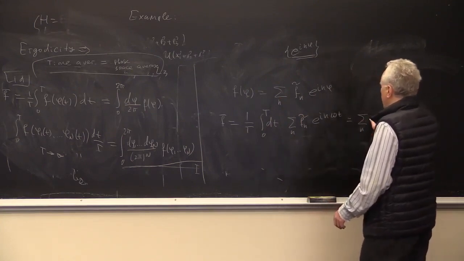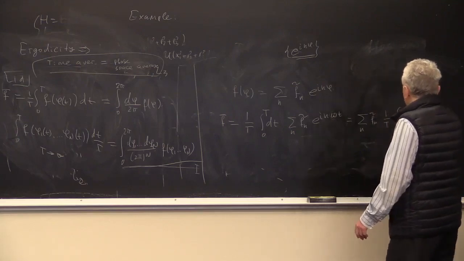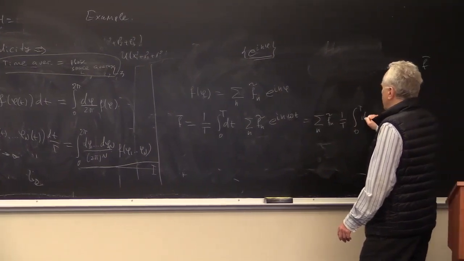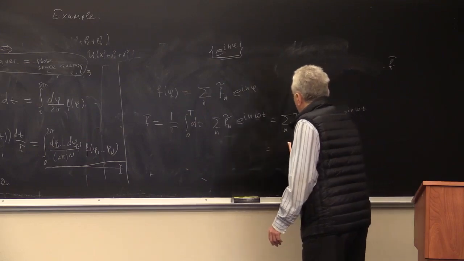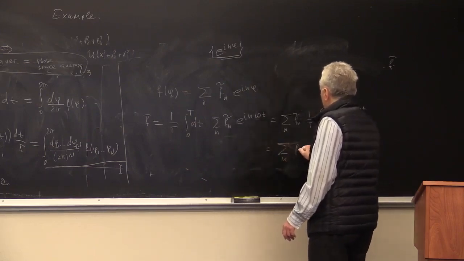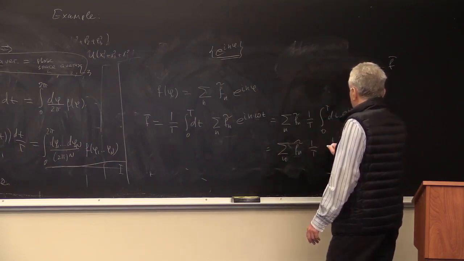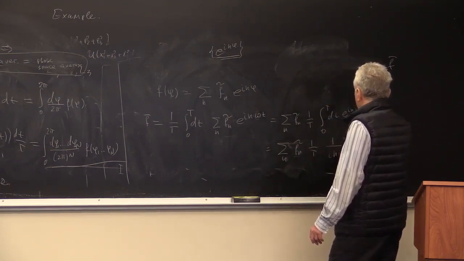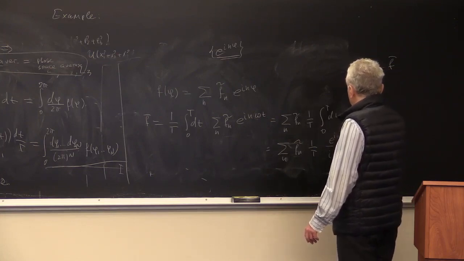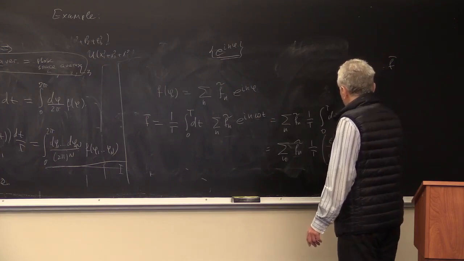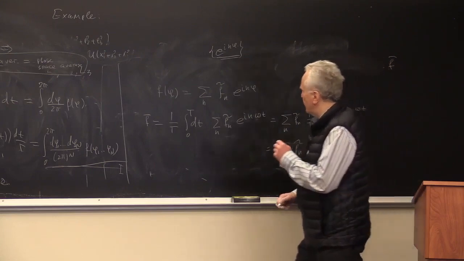So we have the sum over n, f_n tilde, 1 over T, integral from 0 to T dt, e to the i n omega t. And that gives us f_n tilde, 1 over T, we have 1 over i n omega, and here we have e to the i n omega T minus 1. So I just calculated this integral.